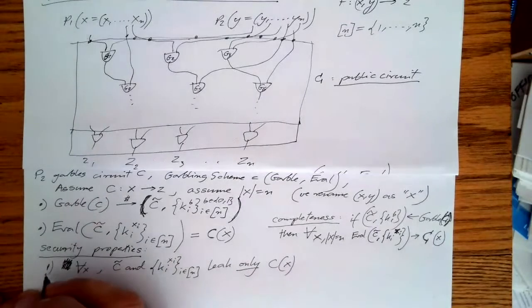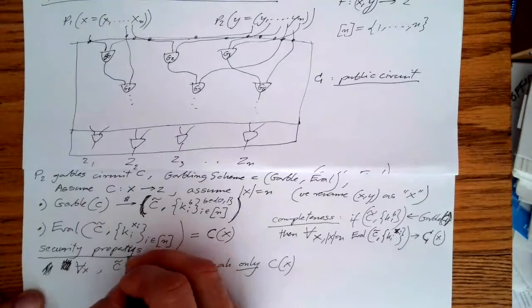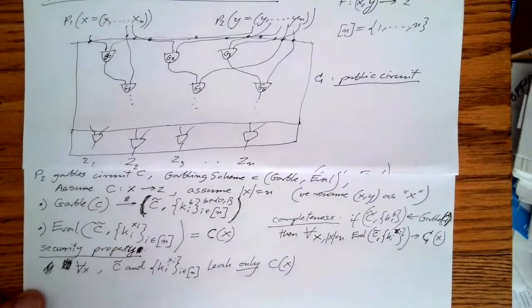And the security property is that it leaks nothing but this. How are we going to frame it?